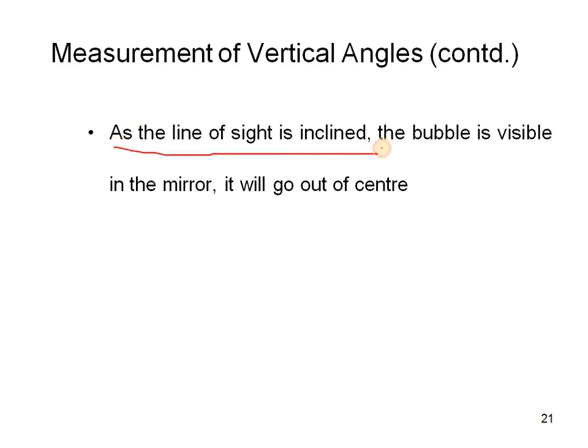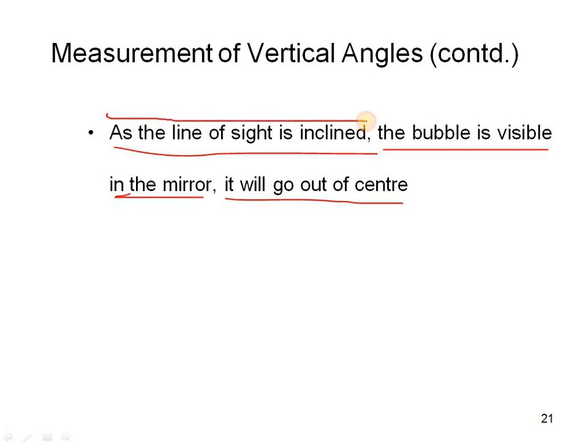As the line of sight is inclined, the bubble, visible in the mirror, will go out of center. Remember, if the line of sight is inclined, the bubble tube is visible in the mirror. We can see in the mirror whether the bubble is in the center or not. When the line of sight is inclined, it will go out of the center.